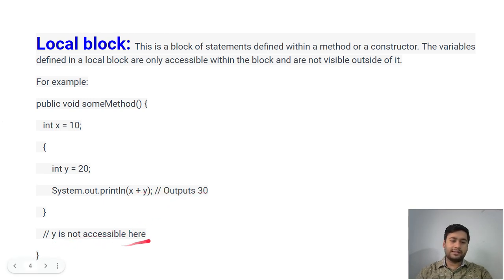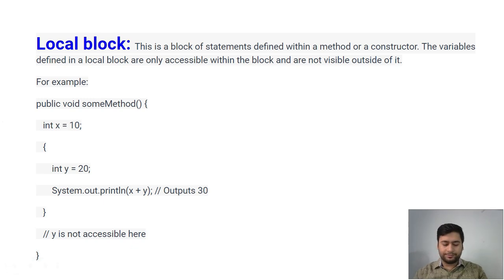Y is not accessible here because y is created inside this block. Once this block is completed, the variables created inside it cannot be accessed outside. That is why I have commented here that y is not accessible; if I try to access it, it gives me an error.